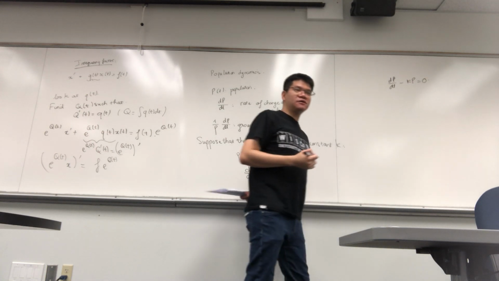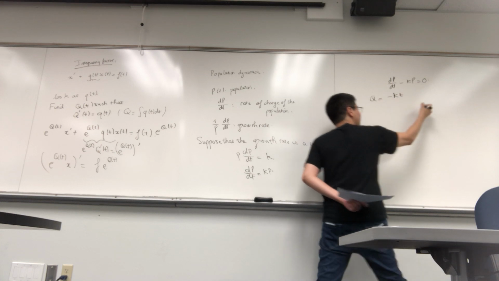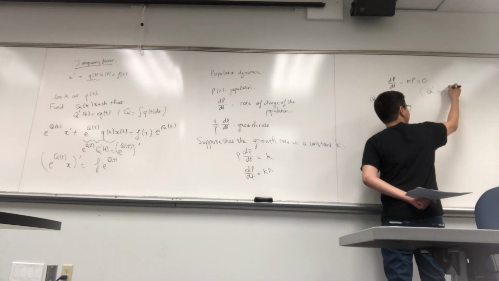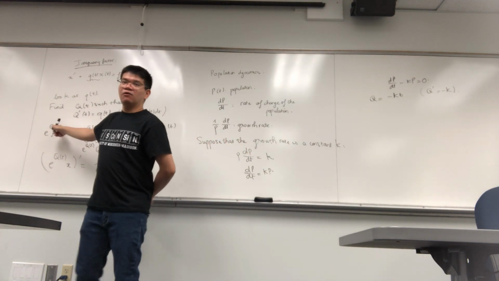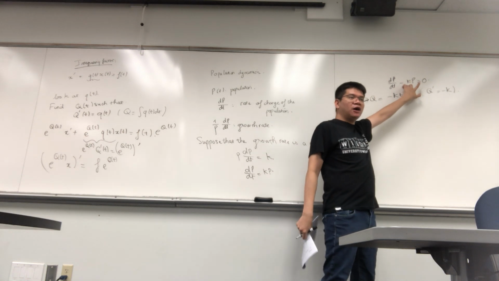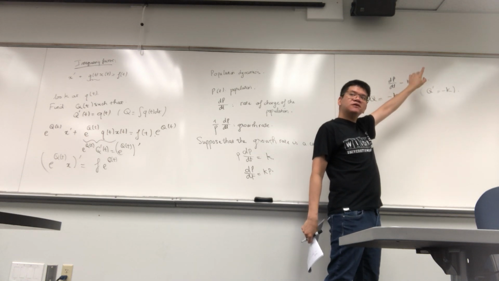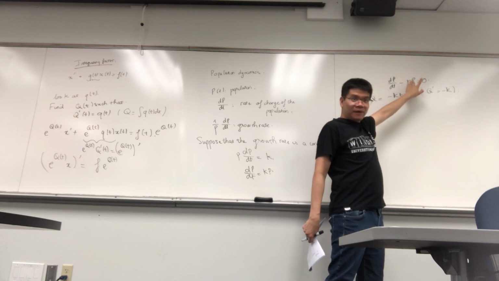In this case, the capital Q will be minus kt, because Q prime will be minus k. What you have to do is look at the coefficient of the terms that do not have the derivative. In this case, this is minus k.